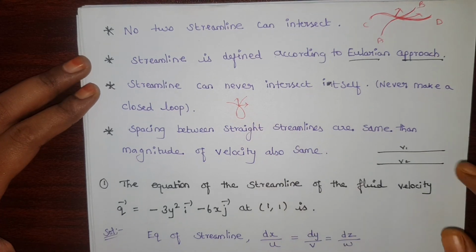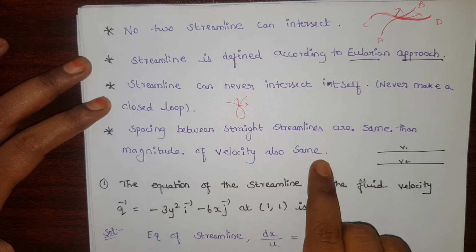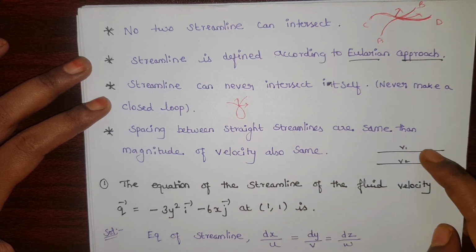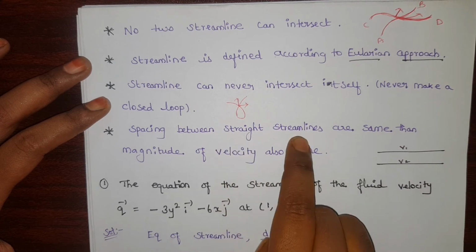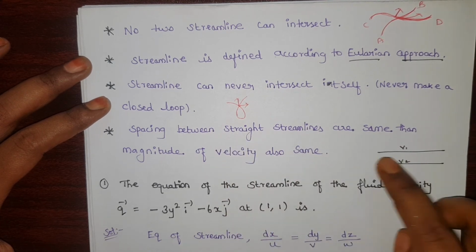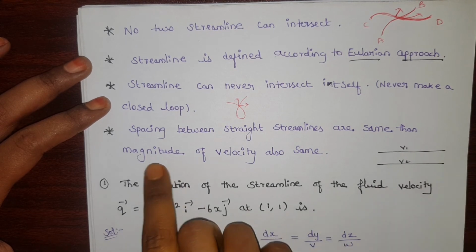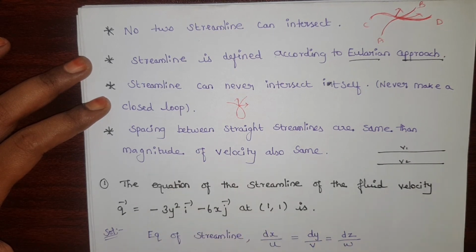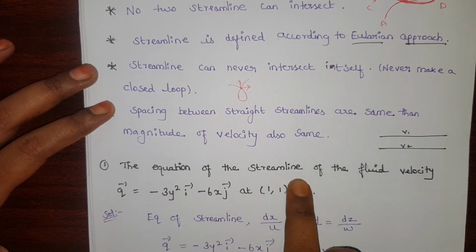If the spacing between the streamlines is the same, then the magnitude of the velocity is also the same. For straight streamlines, the spacing will be the same, so the magnitude of the velocity will also be the same. Then we see one problem regarding streamline.